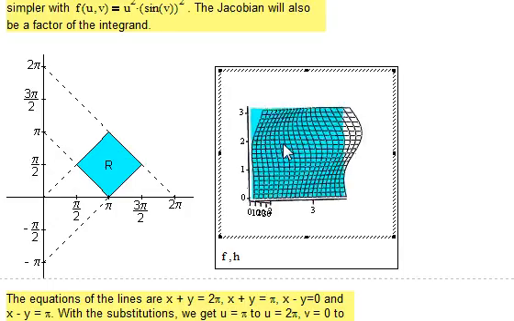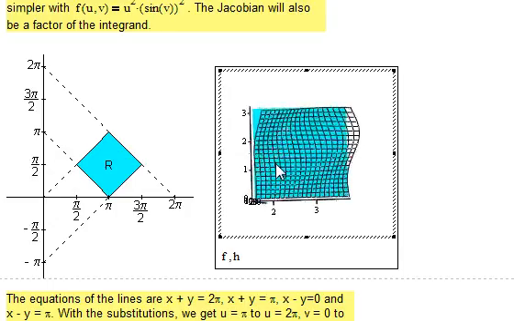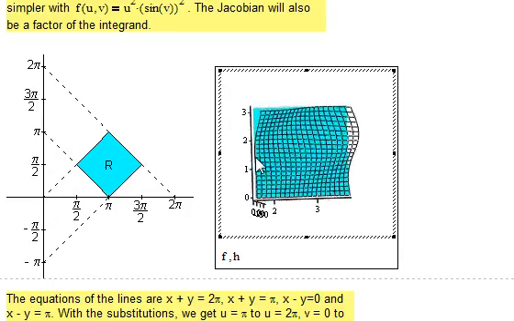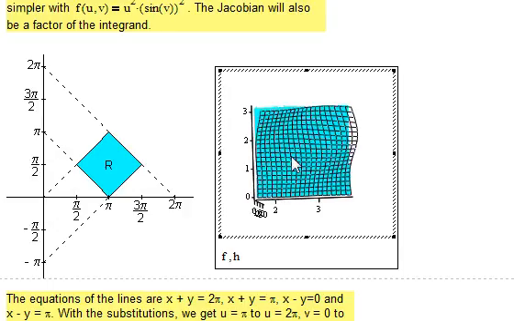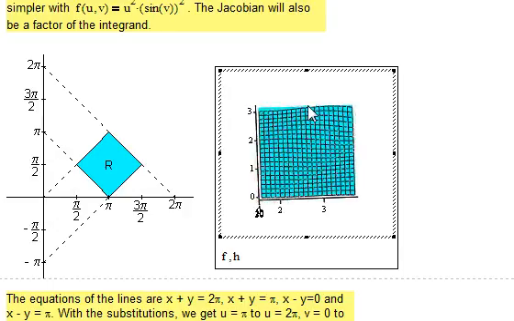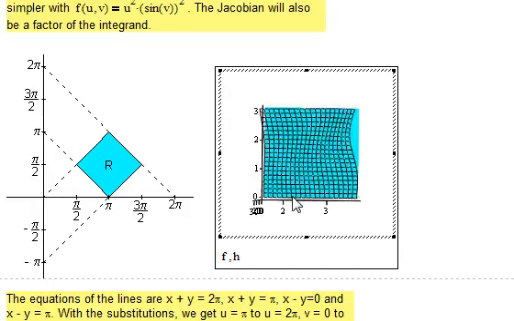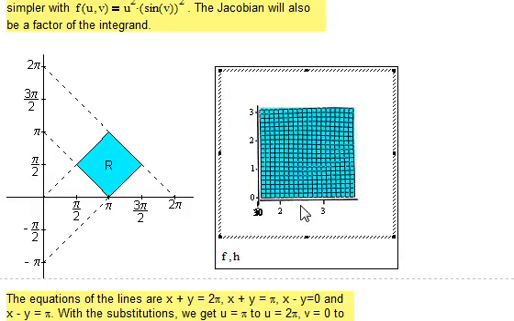Now, I can't draw the diamond perfectly, but I think you can see: going from maybe pi over 2 here, this is the point (pi, pi), and over here is the point (3 pi over 2, pi over 2), and down here is the point (pi over 2, pi over 2).